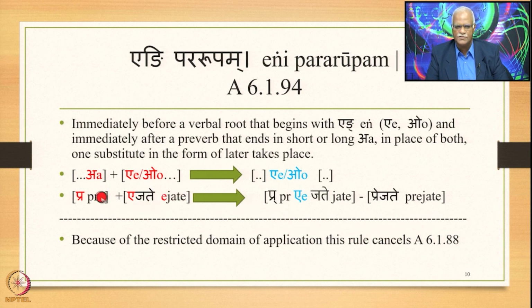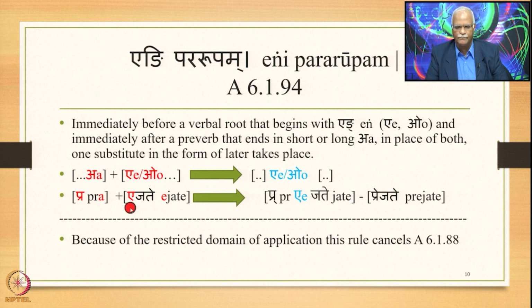Now if we look at this, here we have A followed by A, which is the scope of application of 6.188. But 6.194 restricts this domain further and says that you don't want any A or O over here. This A should be a part of a preverb, that is an upasarga, and this A or O should be a part of the dhatu or the verbal root.